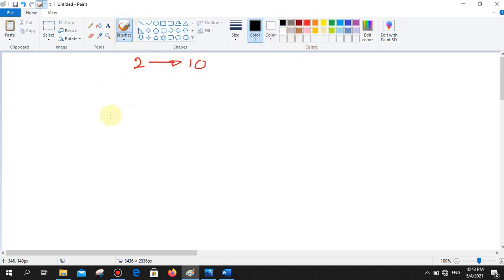Okay, we'll take a binary number, 1001 base 2. We are going to convert this one into decimal. So how can you do it? You can write the answer by keeping a little bit more space.